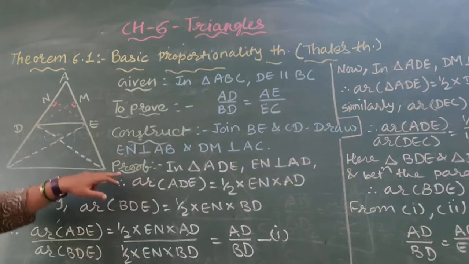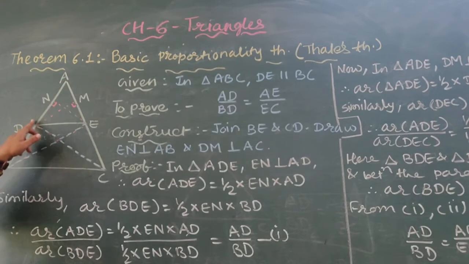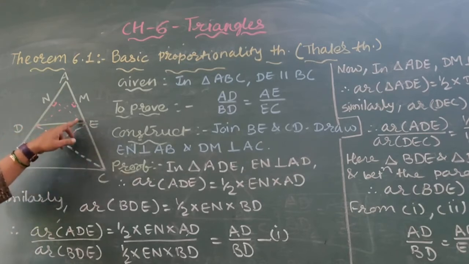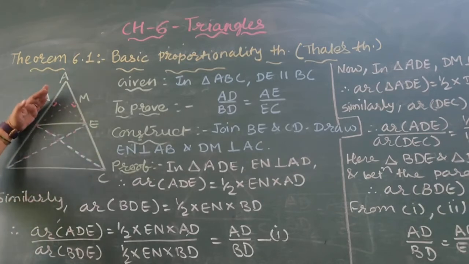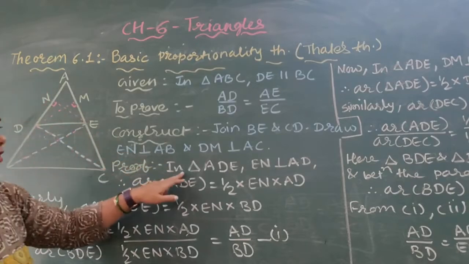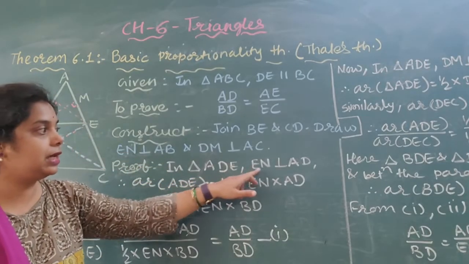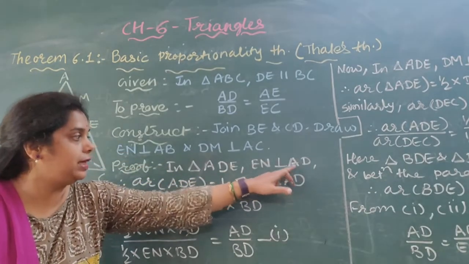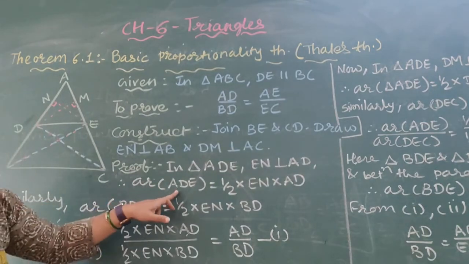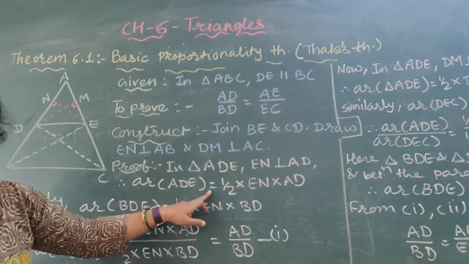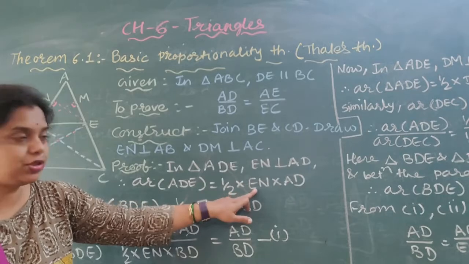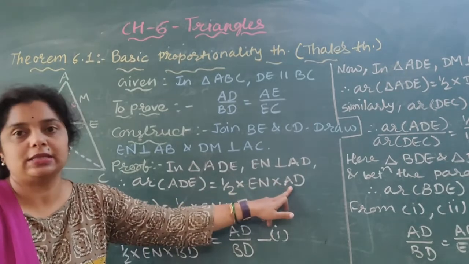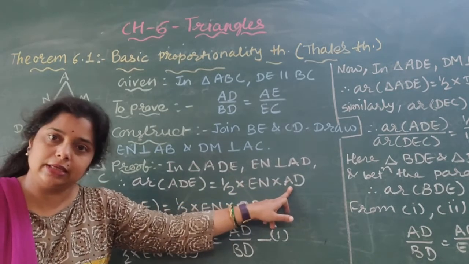The same formula we are going to apply here in triangle ADE, where EN is perpendicular to AD. In triangle ADE, EN is perpendicular to AD, and therefore area of ADE is equal to half into altitude EN into base AD. Is it clear?